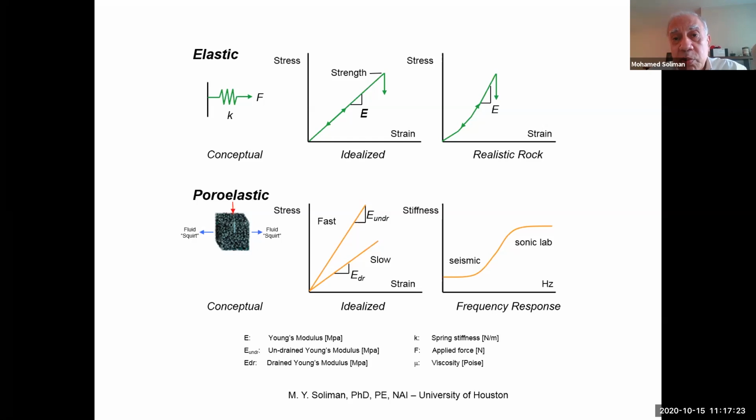Does it always work this way? No. But this is a simplification that many people use. In reality, it may look like the curve we have here beside it, and that early part of behavior, which is an elastic strain, we used in some special testing. Unfortunately, I'm not going to get into that even in the testing part.